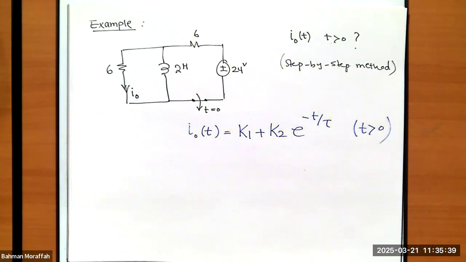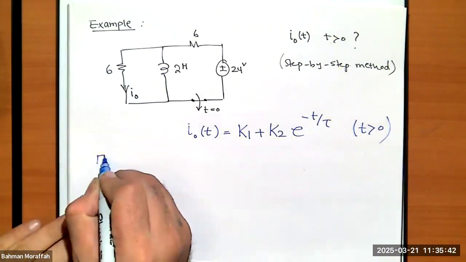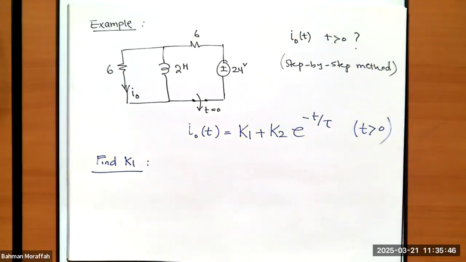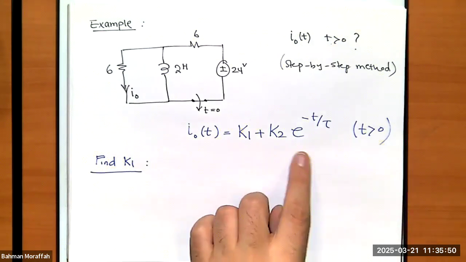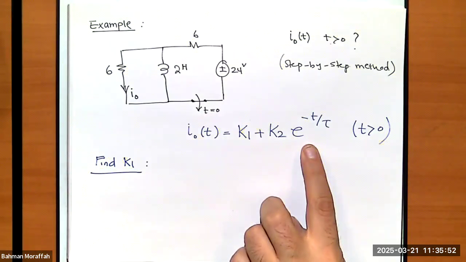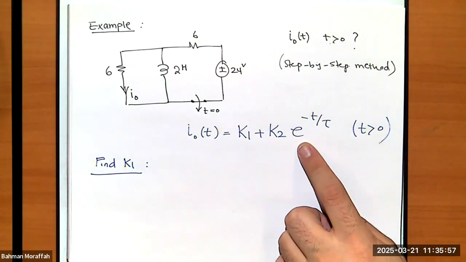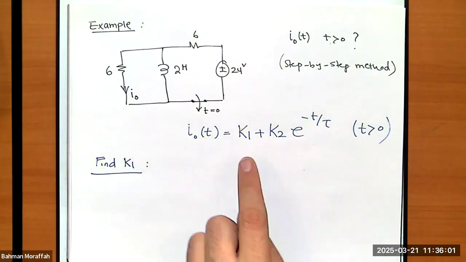So let's start with K1. Find K1. Remember, to find K1, the solution is still this. If I look at this circuit at time infinity, which means this portion vanishes, this portion goes to 0, I end up getting this K1.